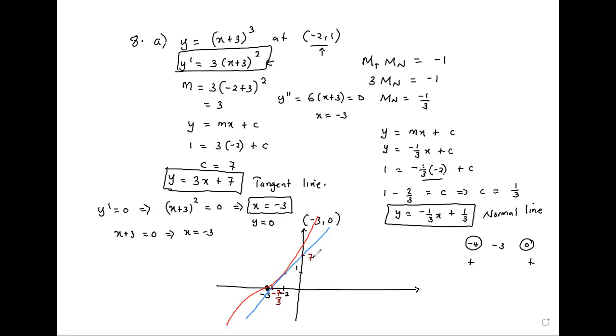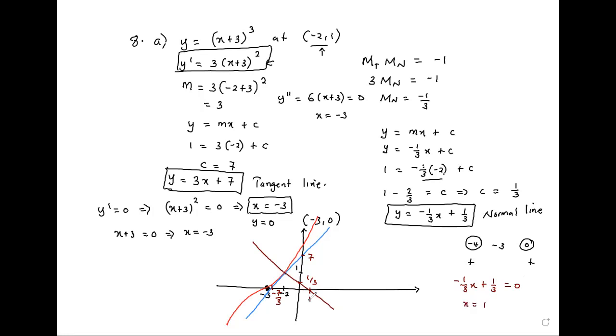And then the other one, the normal one, cuts in this direction, crossing the y-axis at 1/3. This side, when you equate -1/3 x plus 1/3 to 0, we'll get x is equal to 1.